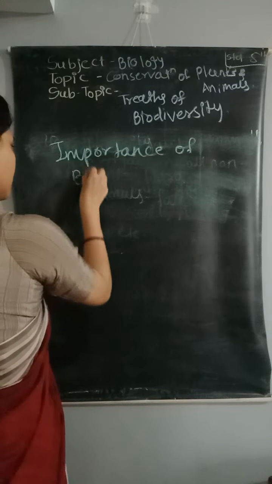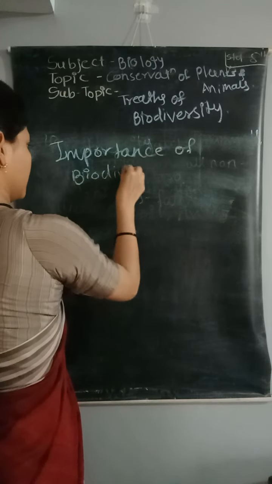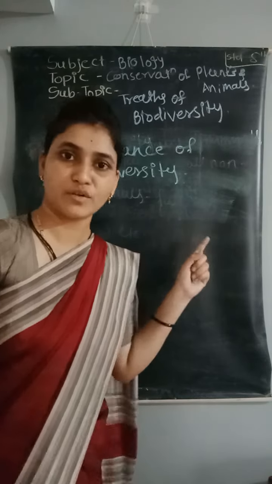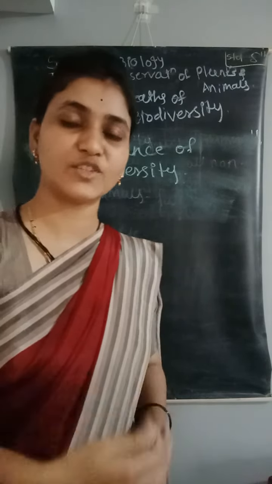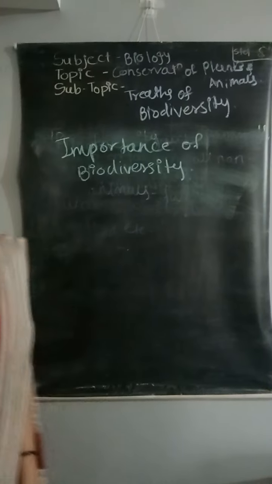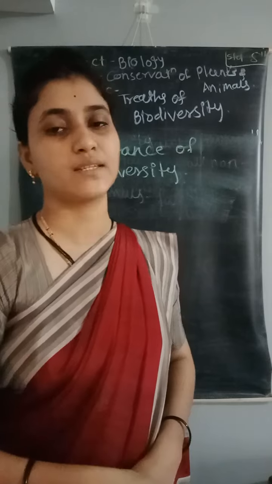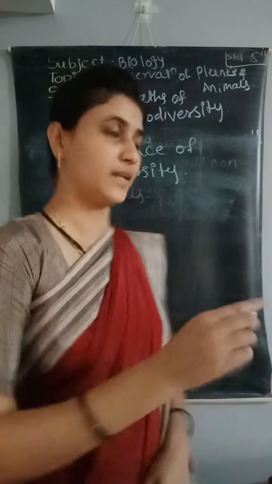Importance of biodiversity. The importance of biodiversity is in each living organism. In an ecosystem, living organisms depend on one another for their needs. If we talk about animals, they depend on plants for their food.